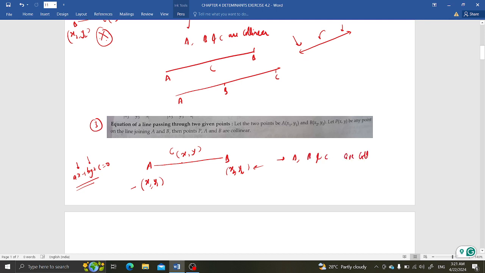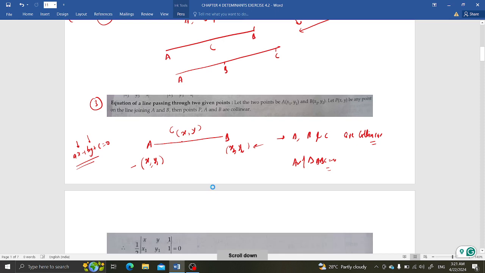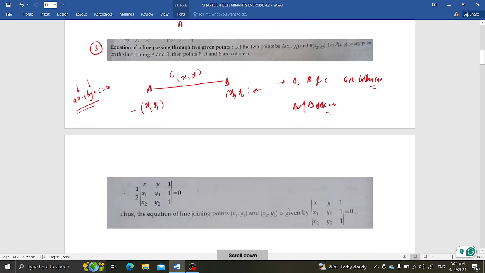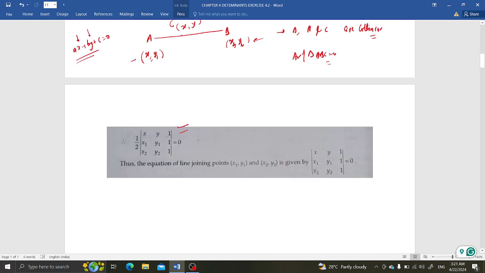If they are collinear, then the area of triangle ABC has to be 0, and hence we can use this thing, the area of triangle, with the rows x y 1, x1 y1 1, x2 y2 1, and hence this goes to 0. Okay, the area of this triangle has to be 0.